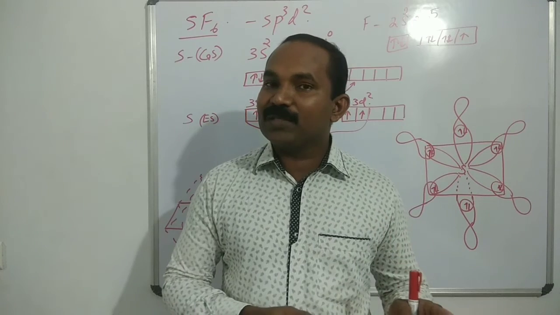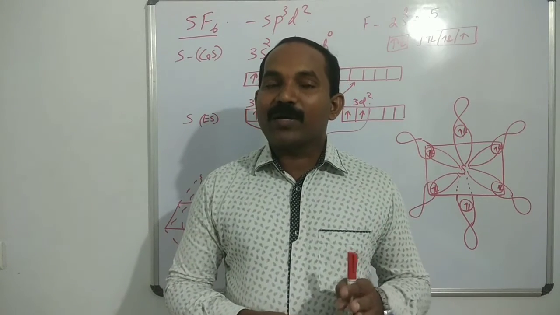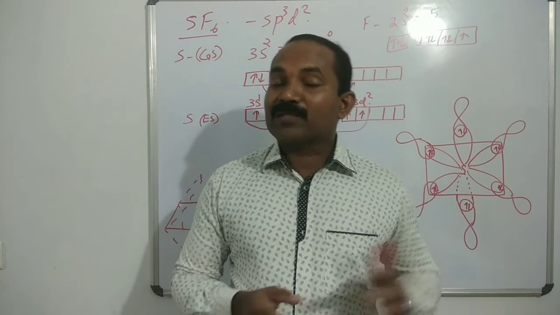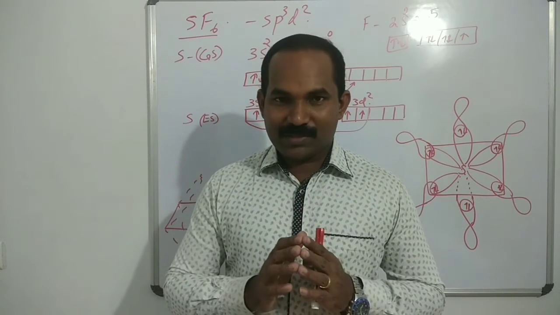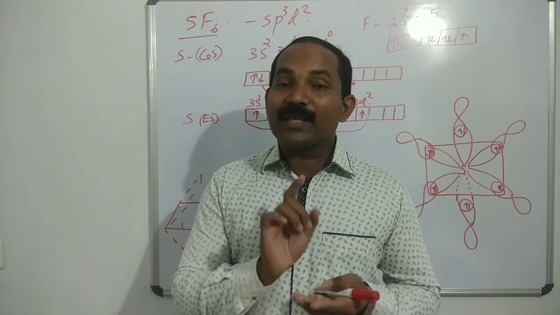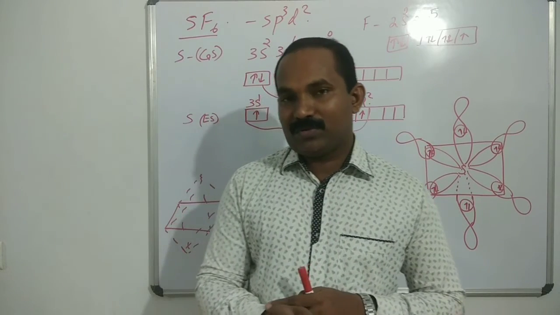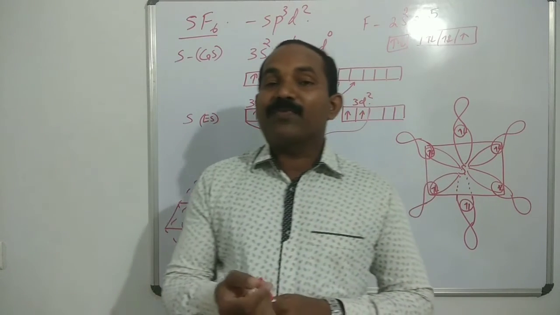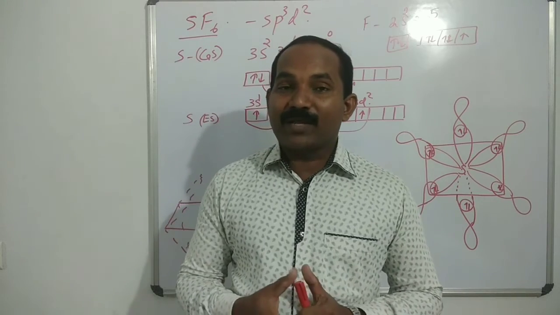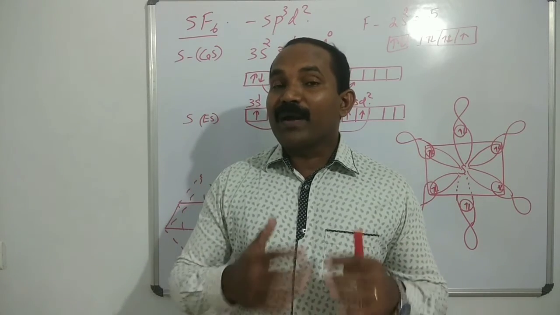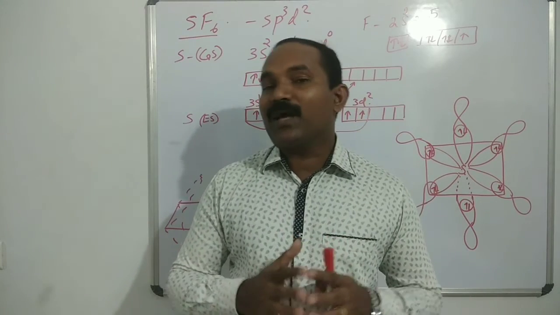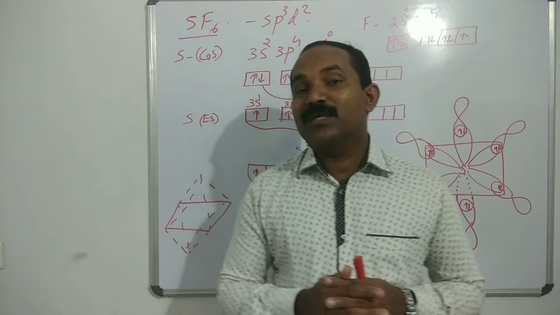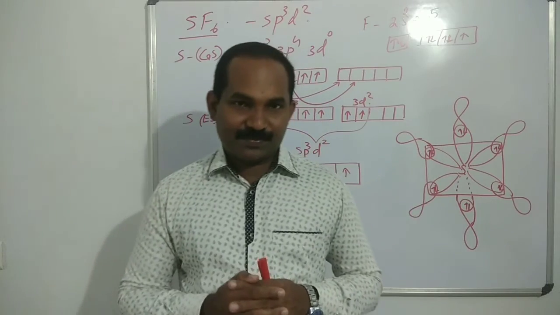In the case of PCl5, the equatorial bond angle is 120 and the axial bond angle is 90 degrees. When 90 degrees comes, the repulsion is more. So in PCl5 the shape is trigonal bipyramidal. But in the case of SF6, the bond angle is 90 degrees and the shape of the molecule is octahedral.